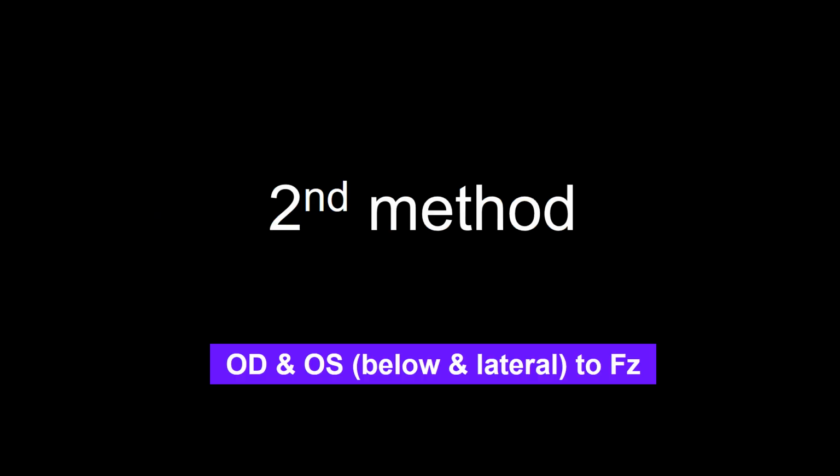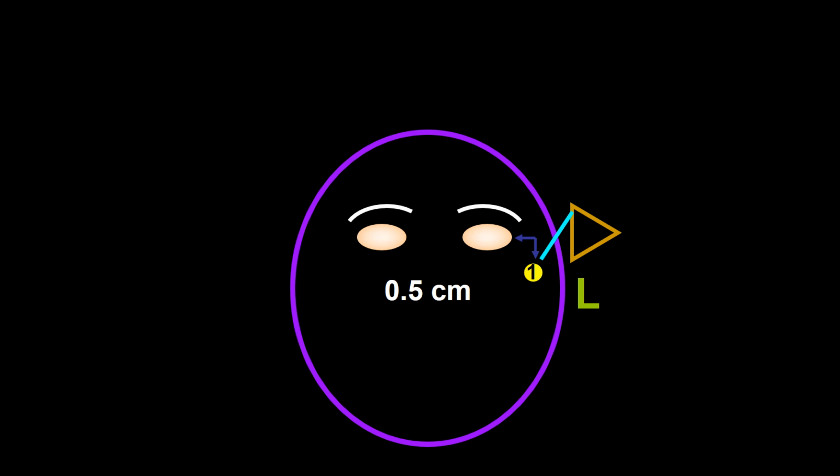The second method commonly used to record eye movement is the OD and OS to FC method. In this method, the left eye electrode is placed 0.5 centimeters lateral and below the outer canthus, as depicted in this figure, and plugged into the left side amplifier at G1.